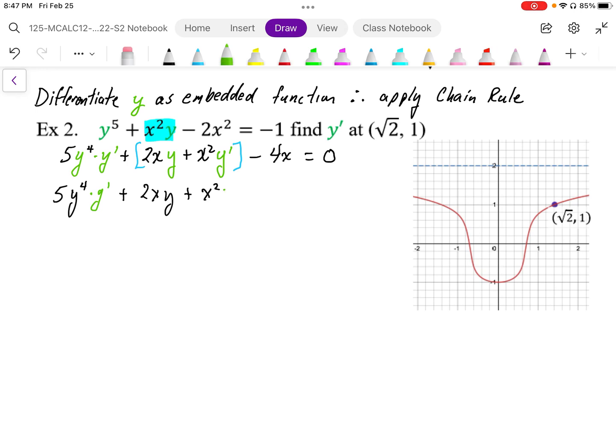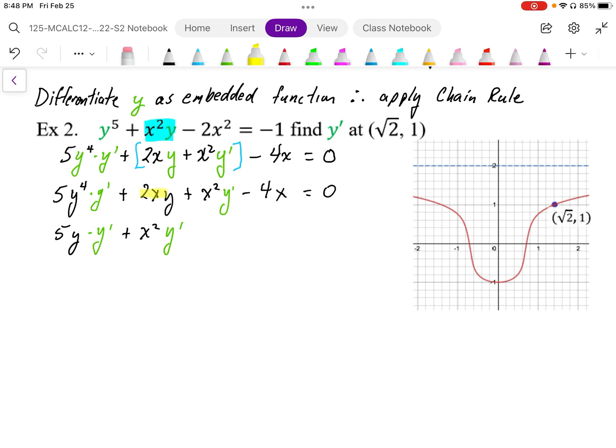Again, there's another y prime term minus 4x. And I want to put everything onto the right-hand side that doesn't have a y prime term. And I'm going to keep the y prime terms together. So I get 5y. I'm going to factor this y prime out to group them together. So I have plus x squared y prime, and then everything else goes to the other side.